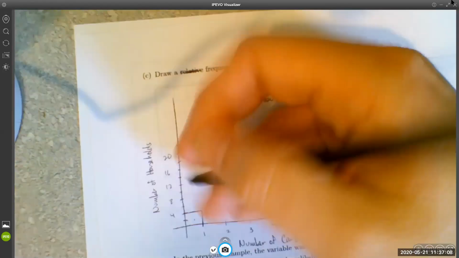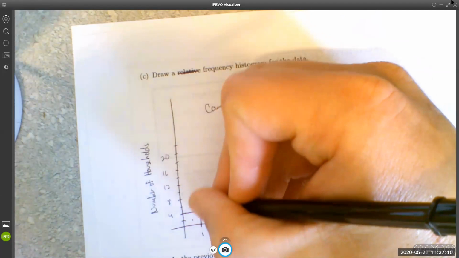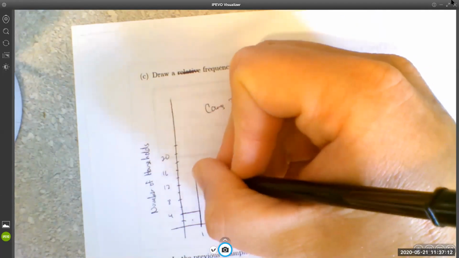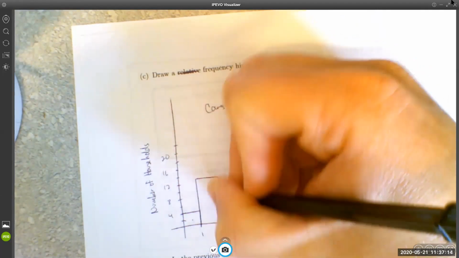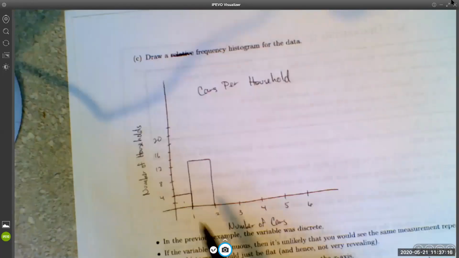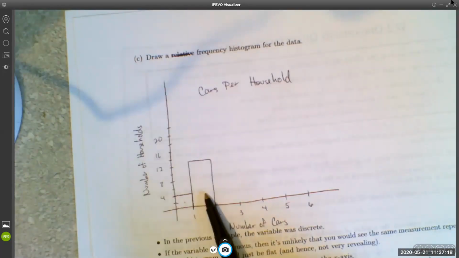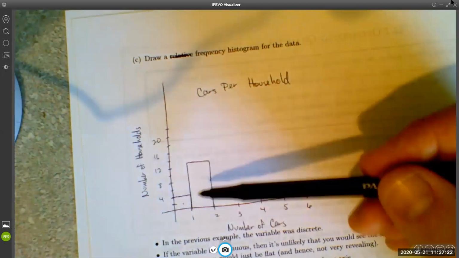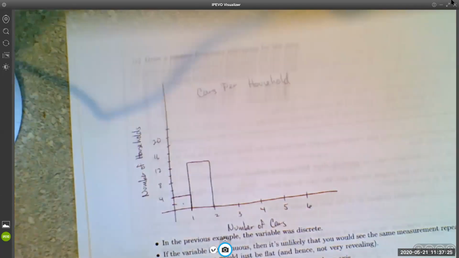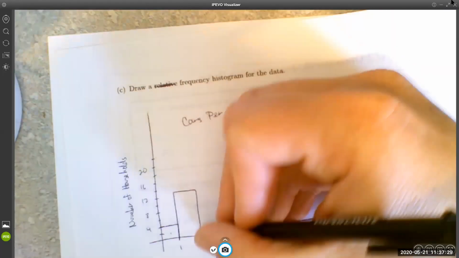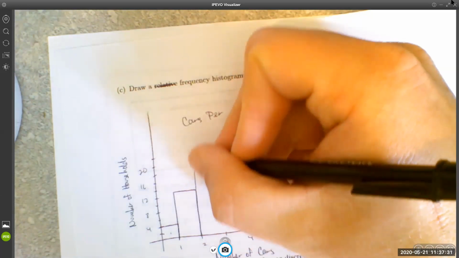There were 13 households with 1 car, so I'm going to draw a bar going up to 13, going from 1 to 2. Again, this represents all the households with somewhere between 1 and 2 cars, not including 2. In other words, it's the number of households with 2 cars. The next one should go up to 22. There are 22 households with 2 cars.